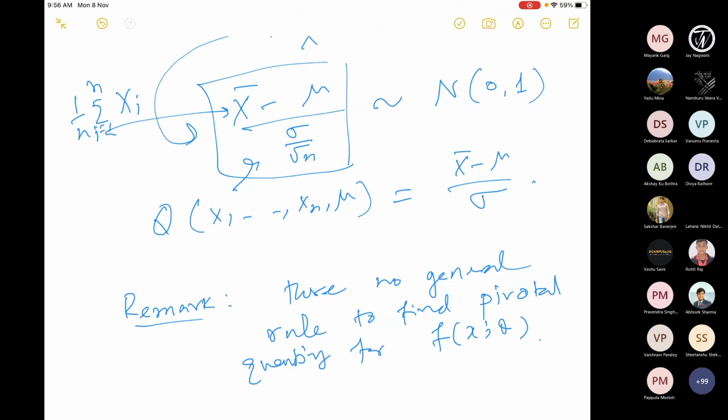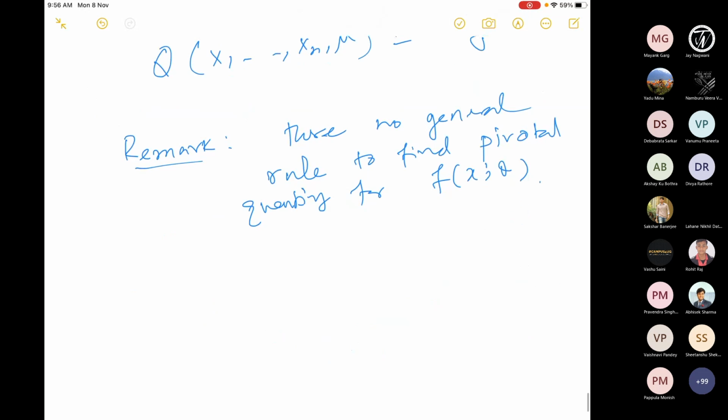Now this is the class I'll define, those set of nice functions. In fact, I asked you a question long back. We are studying specific distributions like Poisson, normal, binomial, gamma, beta, Cauchy, because they arise in real life and they are very nice.